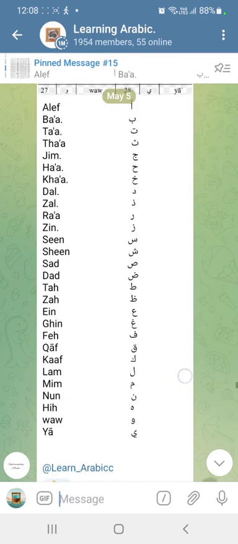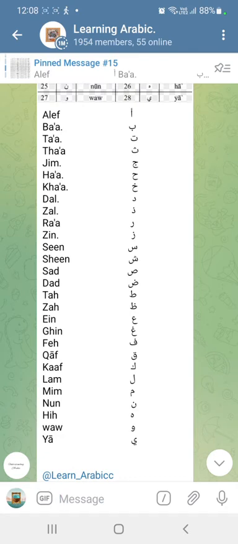Well, the first word is alif. The word alphabets actually came from it. The first letter, the first Semitic letter in various Semitic languages, not just Arabic, is alif.